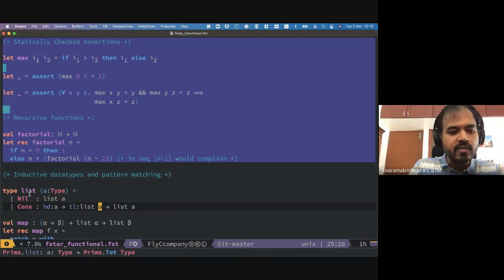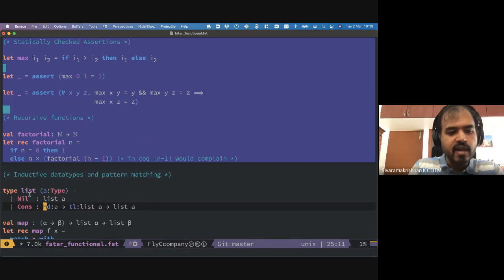The one thing that is perhaps new here is that we actually give names for the arguments to the constructor, right? So we actually name it as head A, right?